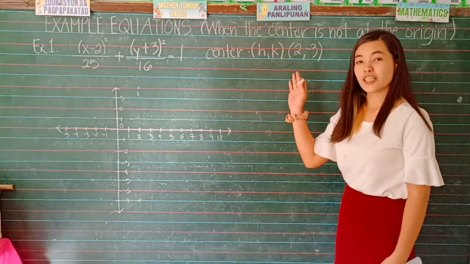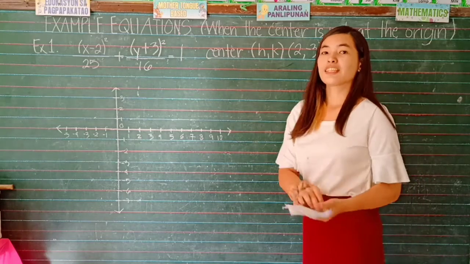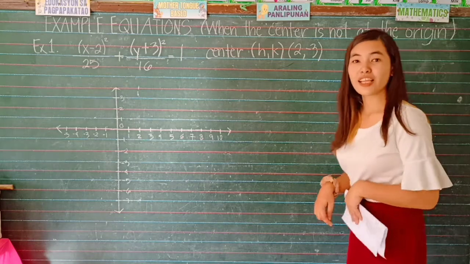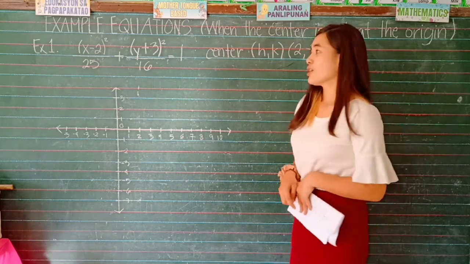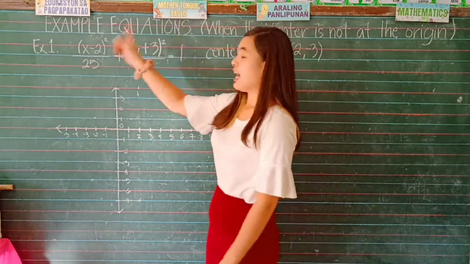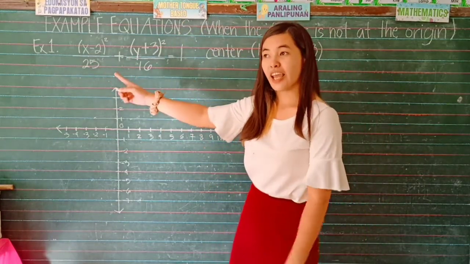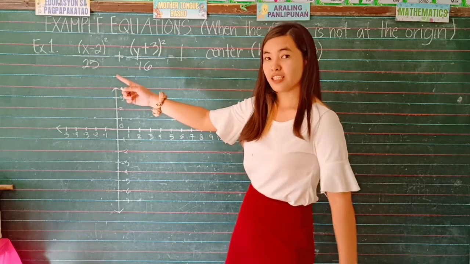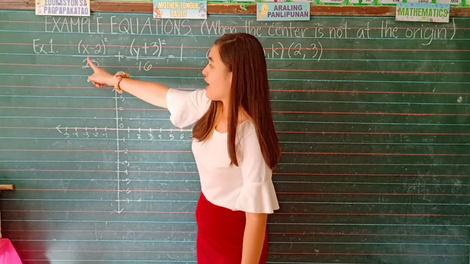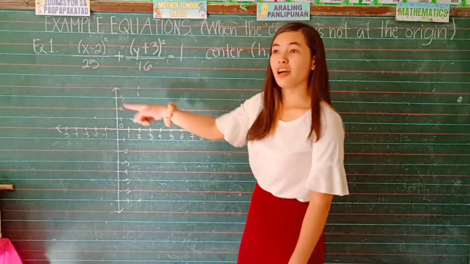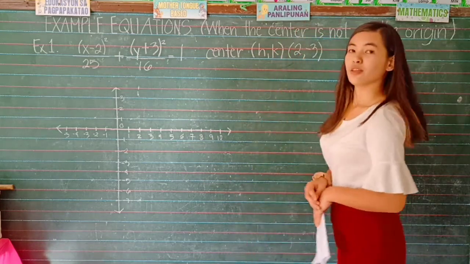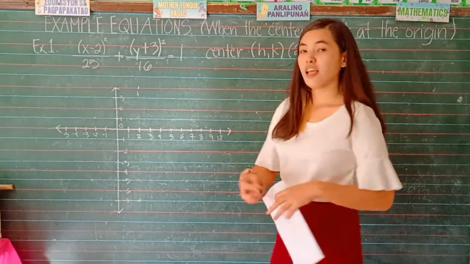Now, let's proceed to step 2, which is finding the principal axis. I reminded you earlier that the principal axis follows where the larger number, the a, is. Our a is under the x, so it means our principal axis is horizontal.